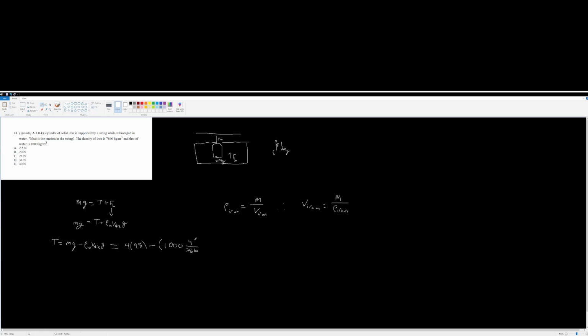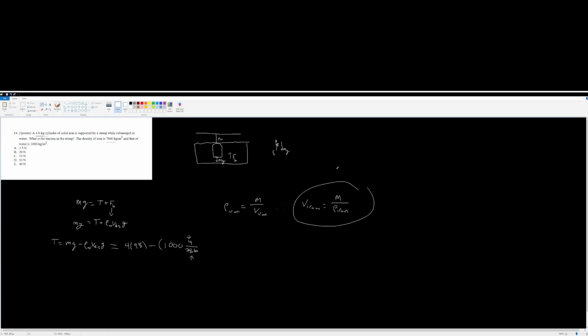So that's all we're doing here. We're given that the mass of the iron is 4 kilograms, which we put here. And we're given that the density of the iron is 7860 kilogram per meter cubed, which we put right here.